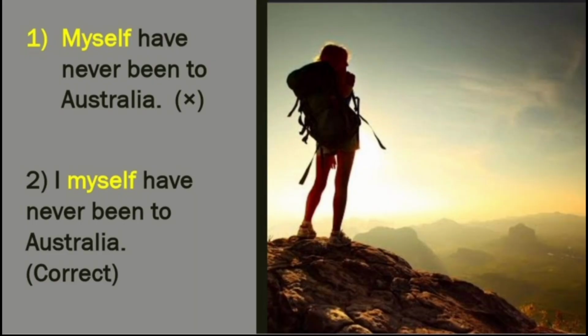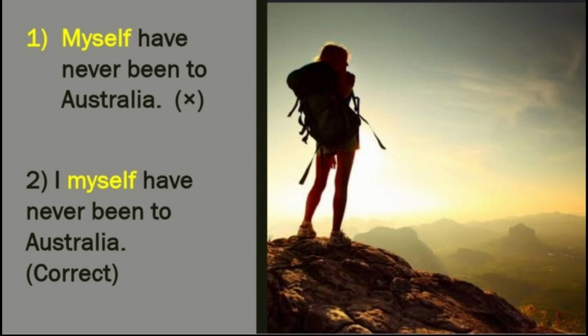Have a look at these two sets of examples here. The first one is, myself have never been to Australia, which is a wrong one, and I'll tell you why in a while. The next sentence is, I myself have never been to Australia. So basically, an emphatic or emphasizing pronoun always appears in combination with a noun or another pronoun. It can't stand on its own as a subject or as an object.